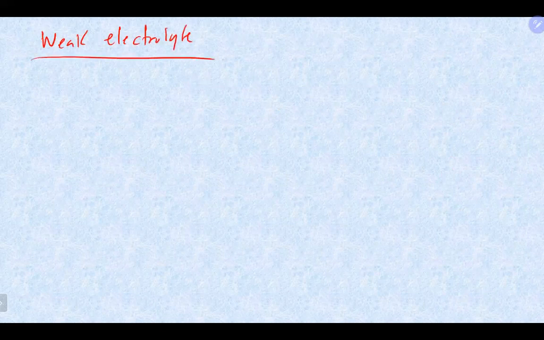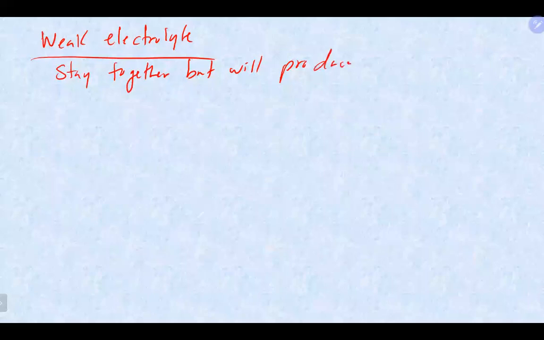So a weak electrolyte, for example, will basically stay together but will produce a few ions.